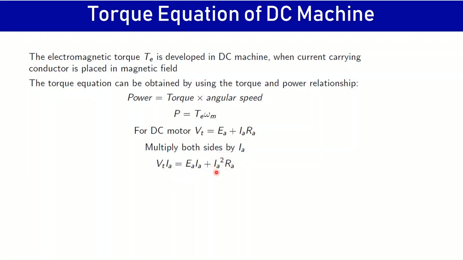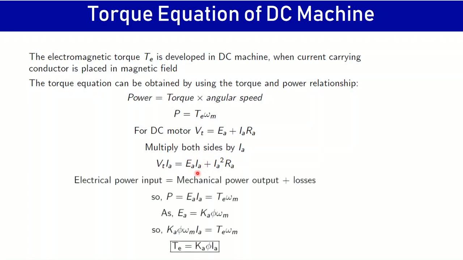So this is the power loss that is taking place in the armature, and VtIa is the power that we are supplying to the motor. If supplied power and power losses are subtracted, the remaining power will be converted into mechanical power. So EaIa is the power which gets converted into mechanical power.